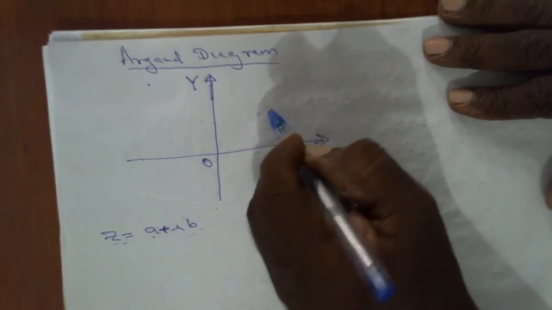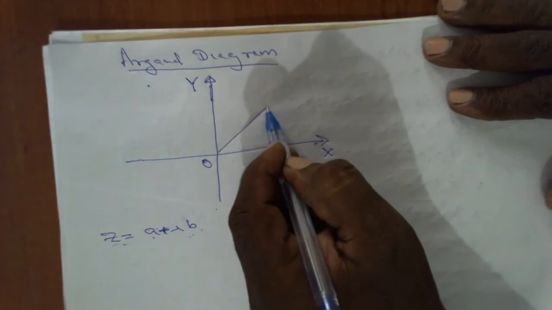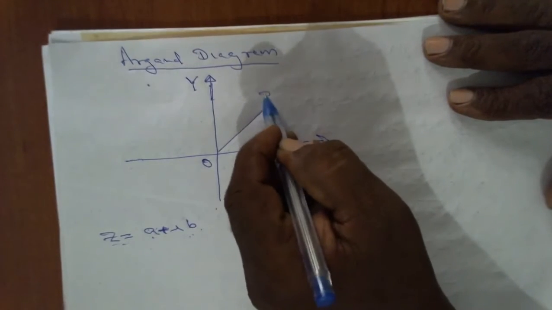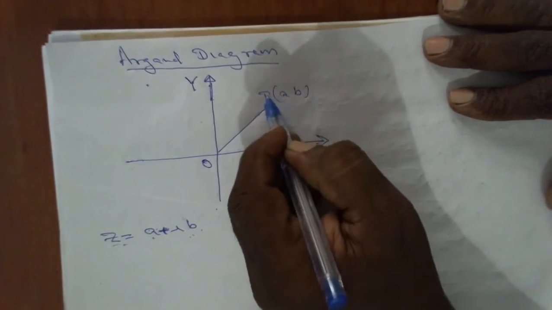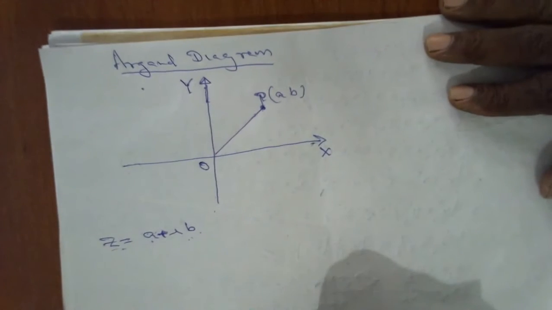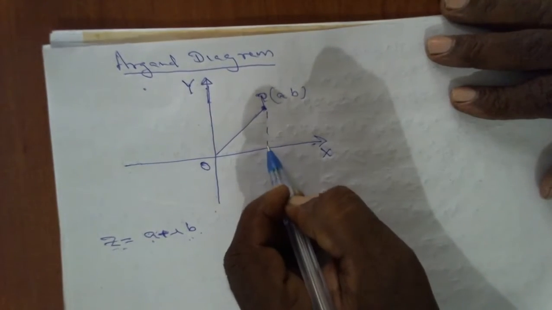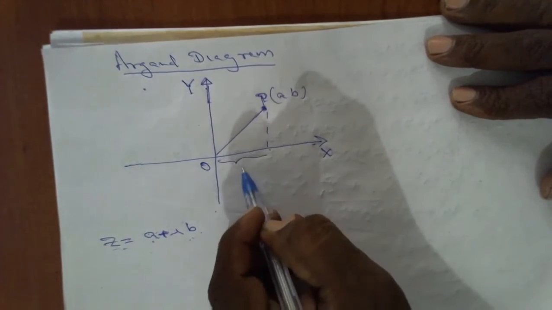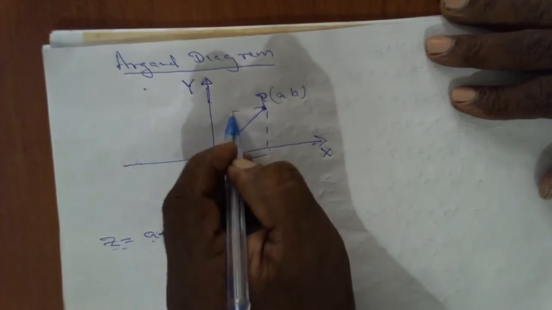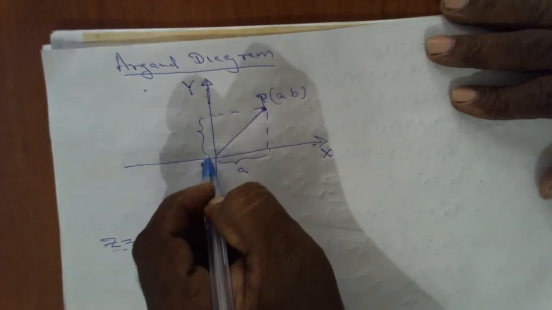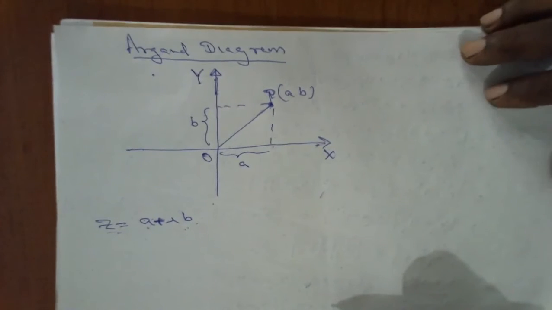Like this. Point P, (a, b), right? That means x coordinate is a, y coordinate is b. Okay.